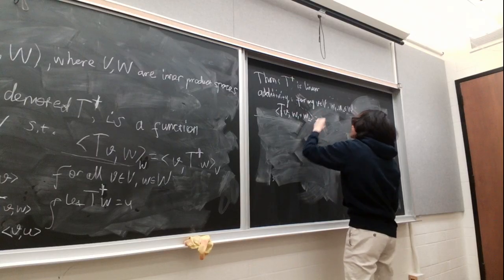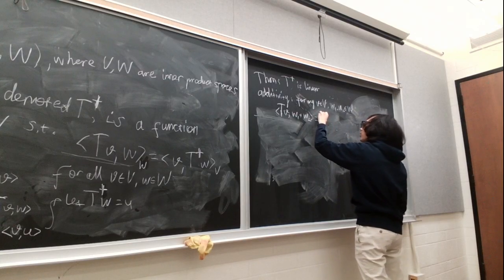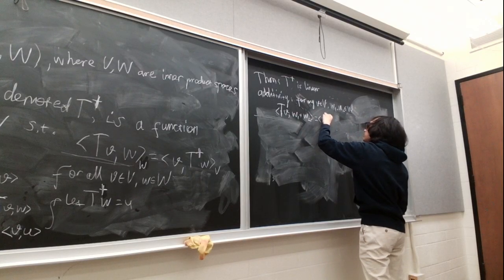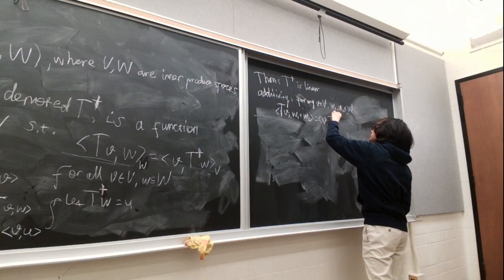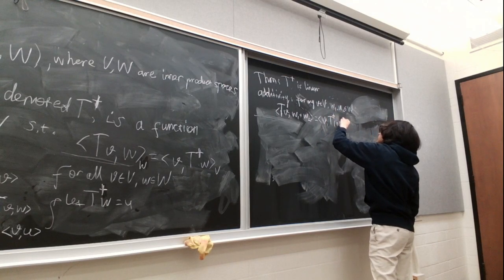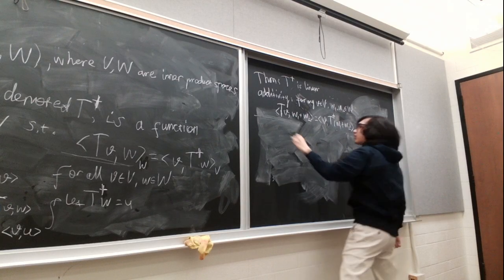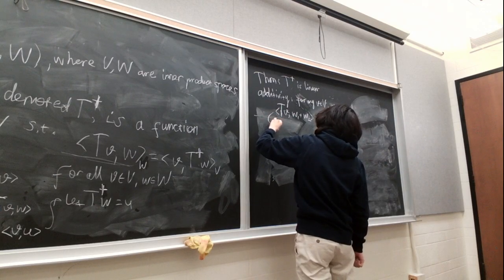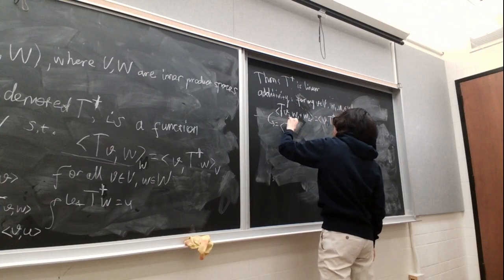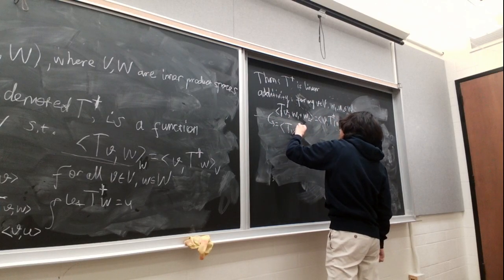is equal to, on the one hand, the T adjoint T dagger of W1 plus W2. And on the other hand, it is also equal to, we can split it, right?